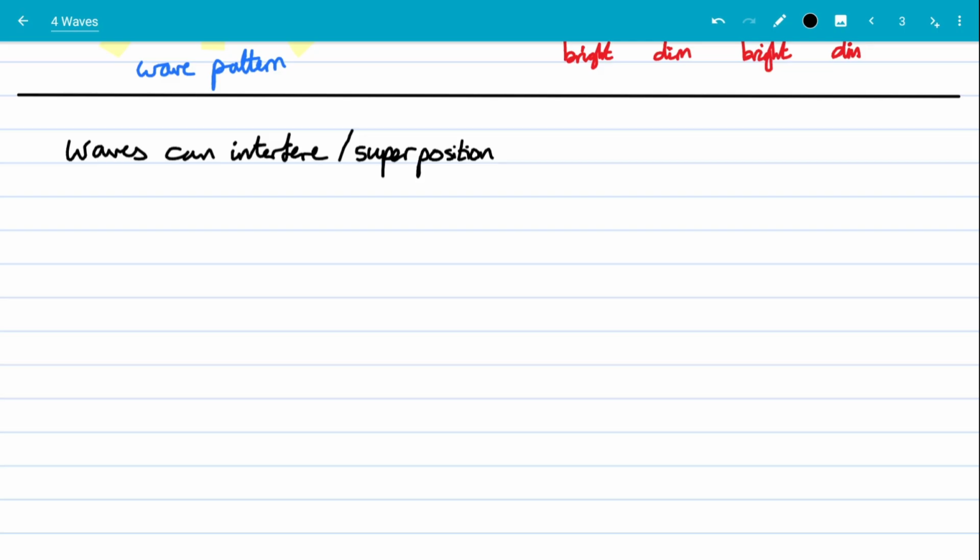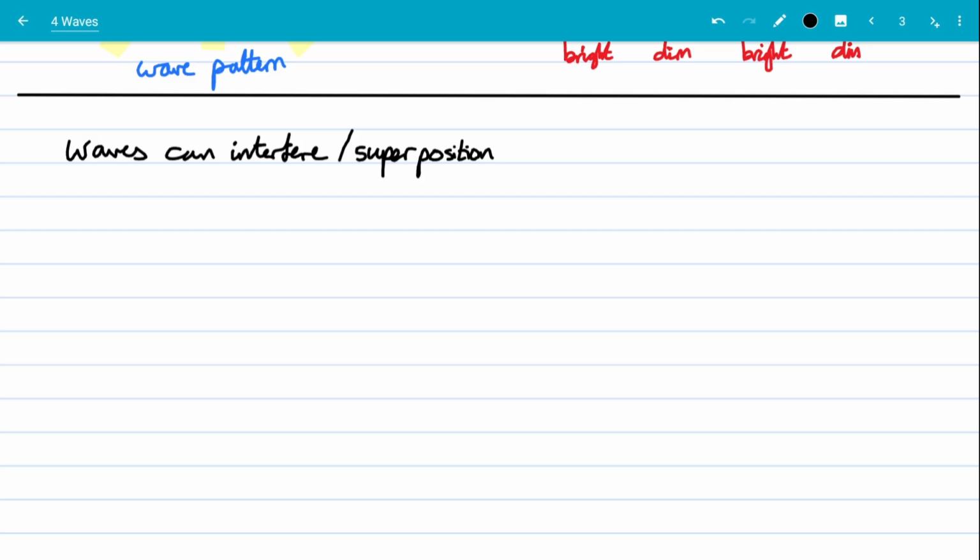Now, with vectors at GCSE, you were quite happy calculating resultant displacements by using arrows for each displacement. And you might have had to add 2 or 3 arrows together. But here we're looking at something much more complex. There's an awful lot of bits of water that are being displaced in all sorts of directions. So the superposition of all those effects, you're adding together all those influences, produces the wave patterns that we see.